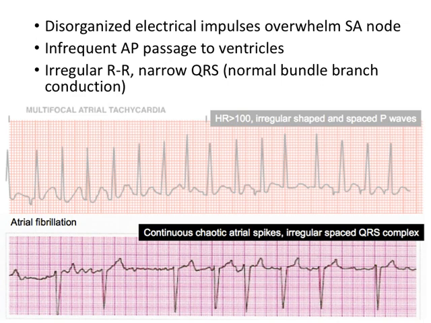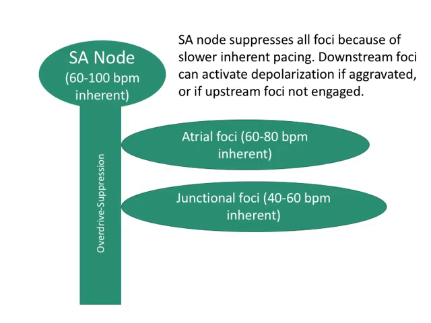So a few examples of where the SA node or the atria either disengage from the firing of the AV nodes, or multiple foci try to activate contraction of the heart, or where there's no organized activity in the atria and the ventricles are almost themselves being relied on to promote blood flow.